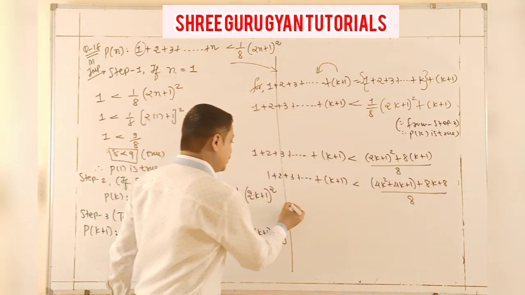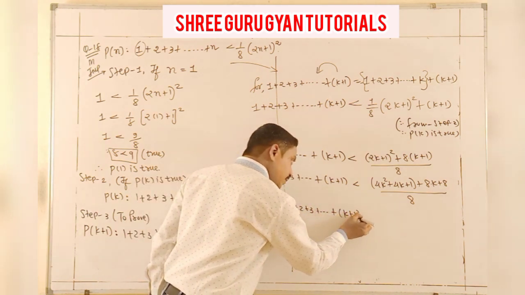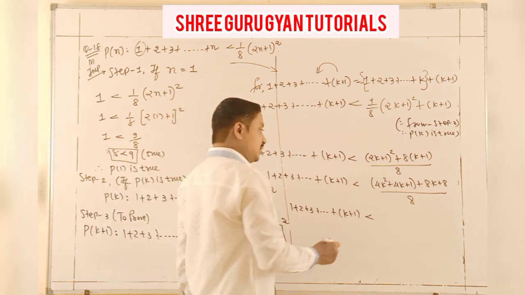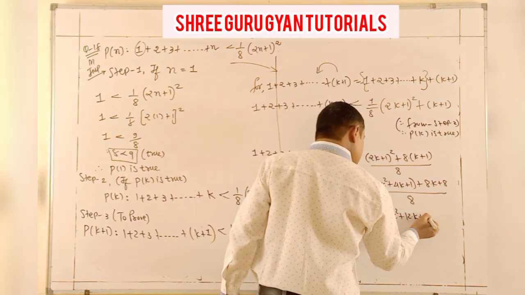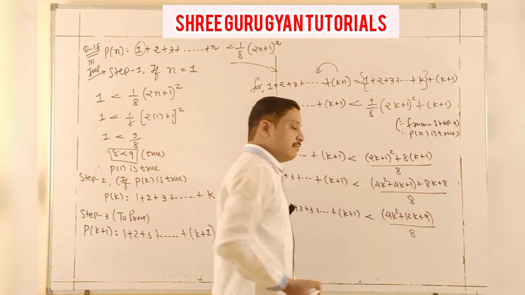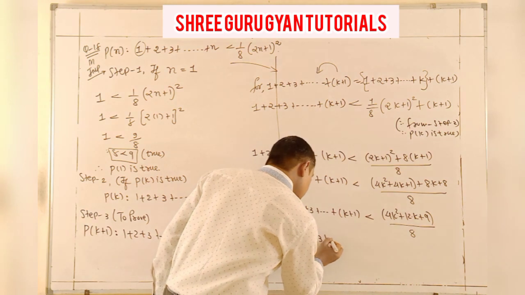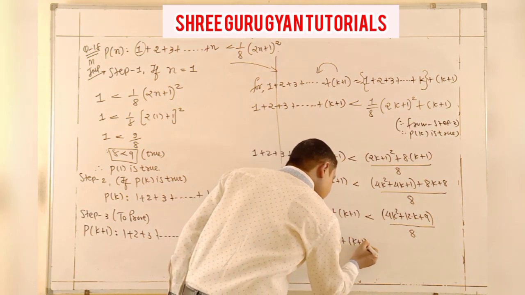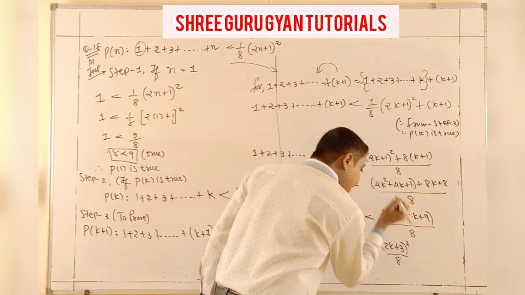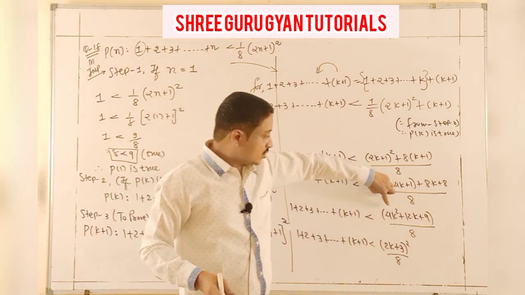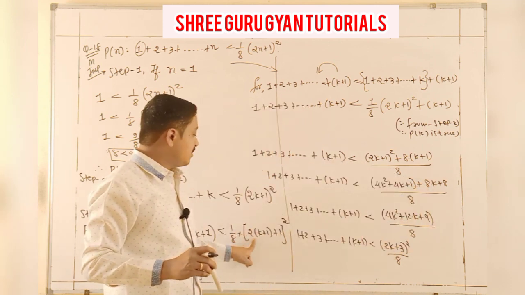So 1 plus 2 plus 3 up to k plus 1, and here total 4k square plus 12k plus 9 by 8. And again after that we can go on: it is 2k plus 3 whole square by 8. Sure, it is 2k plus 3 because of the perfect square, and this value is 2k plus 2 plus 1.